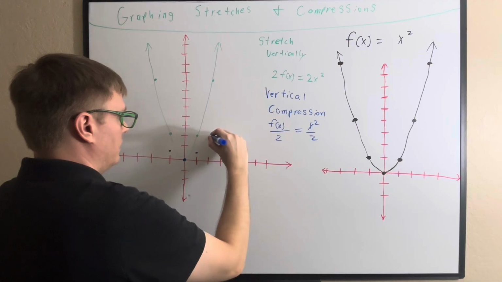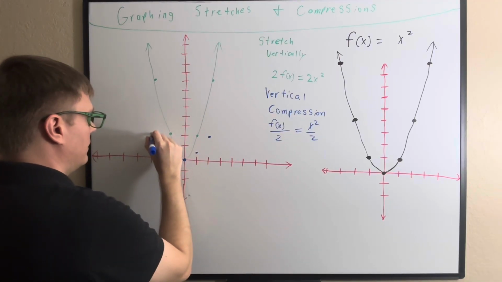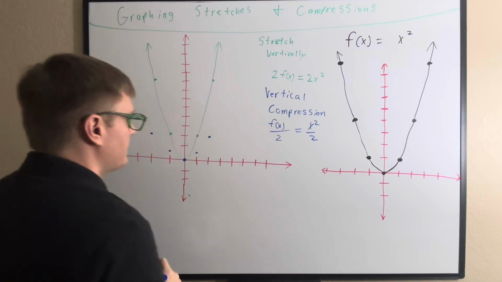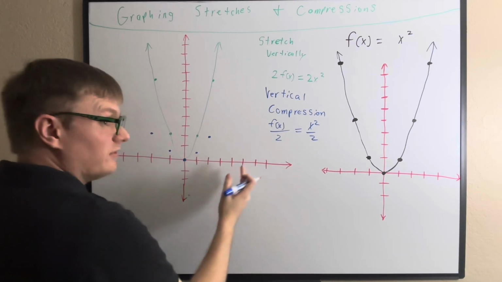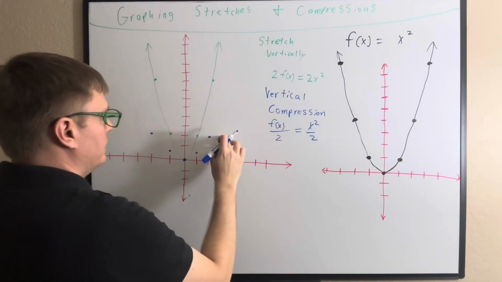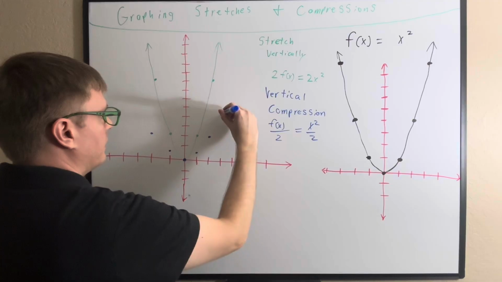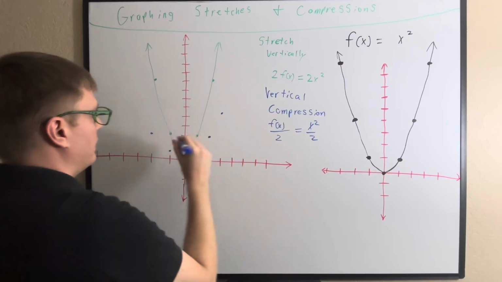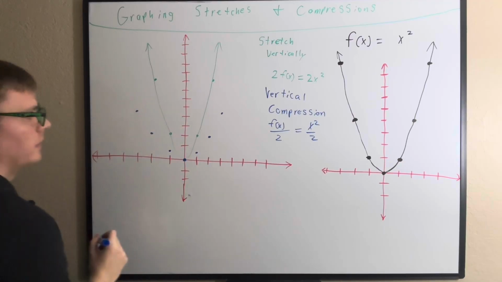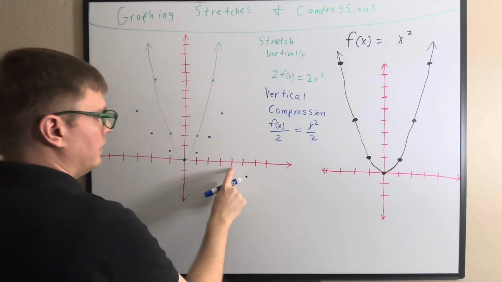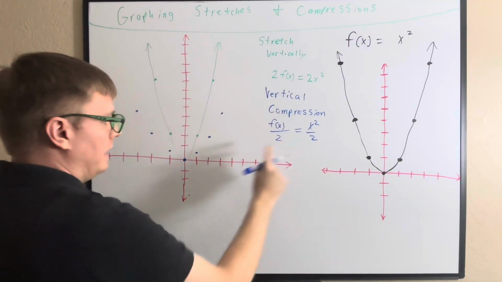Okay, I see how we're doing this now. 3. 3 squared is 9 divided by 2, about 4.5. Right about there. 4. 4 squared is 16 divided by 2 is 8.